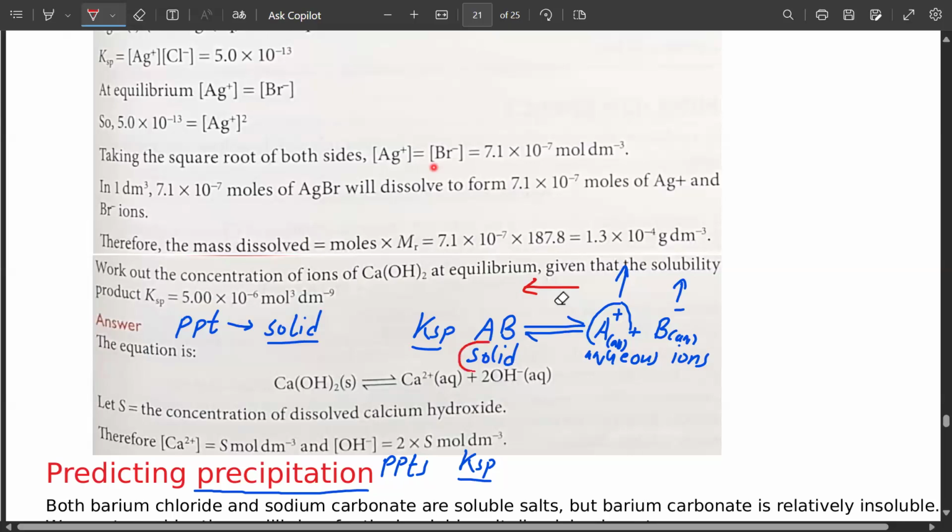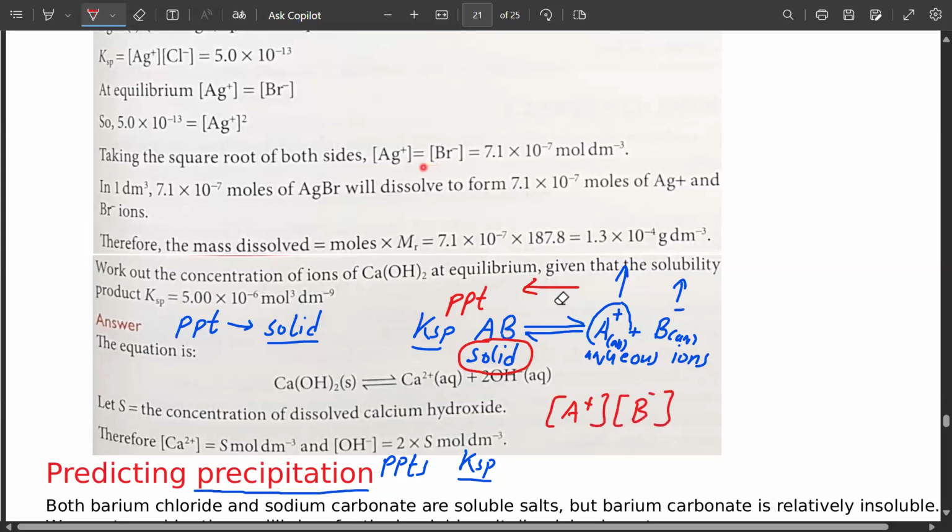That means you will get more amount of the solid. In other words, the AB compound will start settling down in the solution as precipitate. So we are considering the product of the concentration of A positive with the concentration of the B negative.